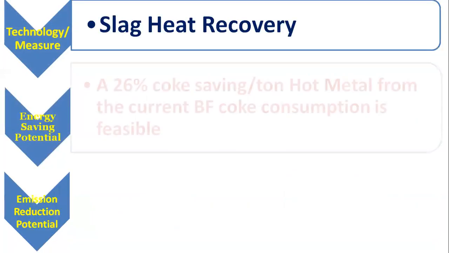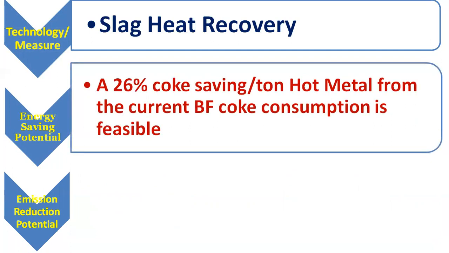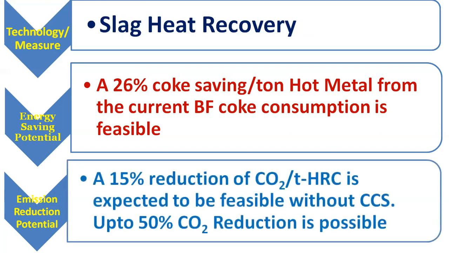The associated energy savings from the slag heat recovery is approximately 0.35 gigajoules per ton of hot metal. And there will be a reduction in carbon dioxide emissions if the recovered heat is adequately utilized.